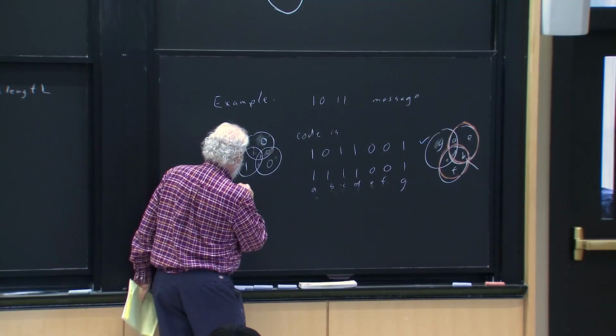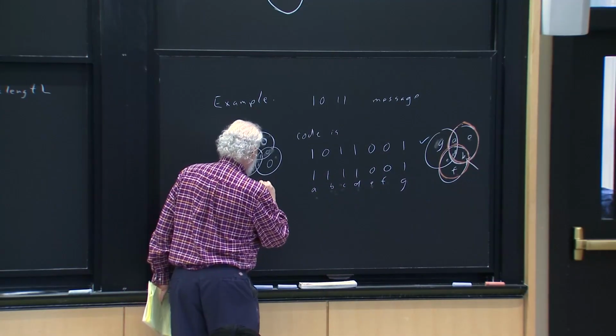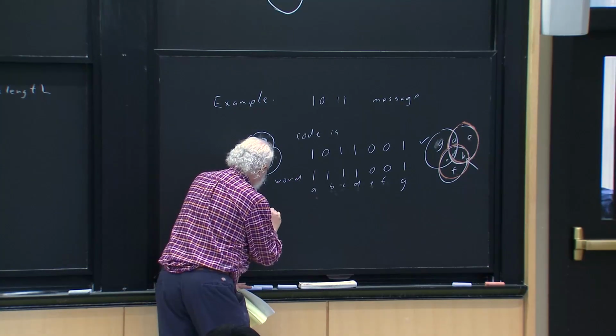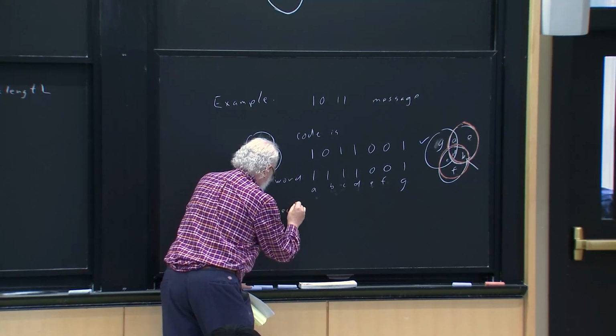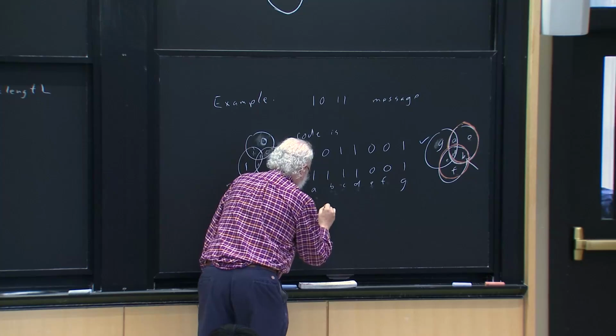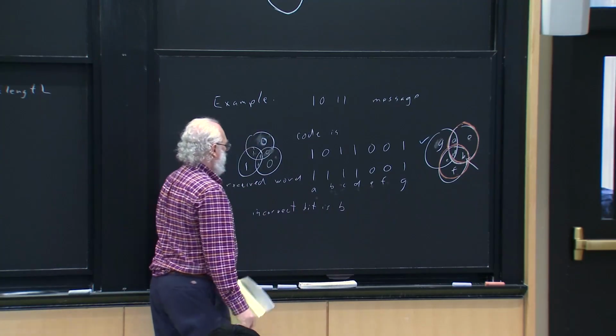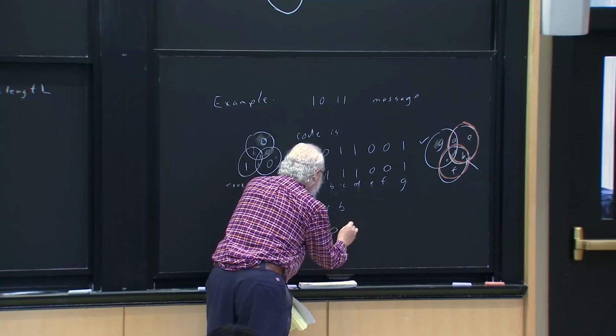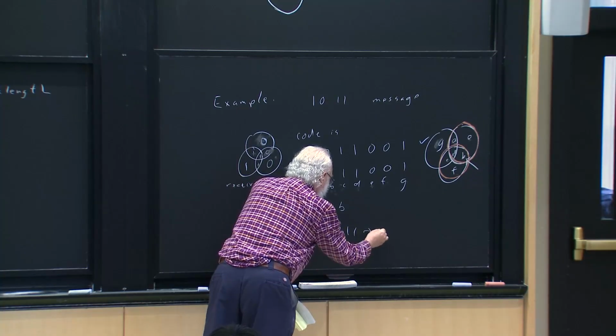So the received word is that, and the incorrect bit is B. And now we change B, so we get 1, 0, 1, 1, 0, 0, 1.